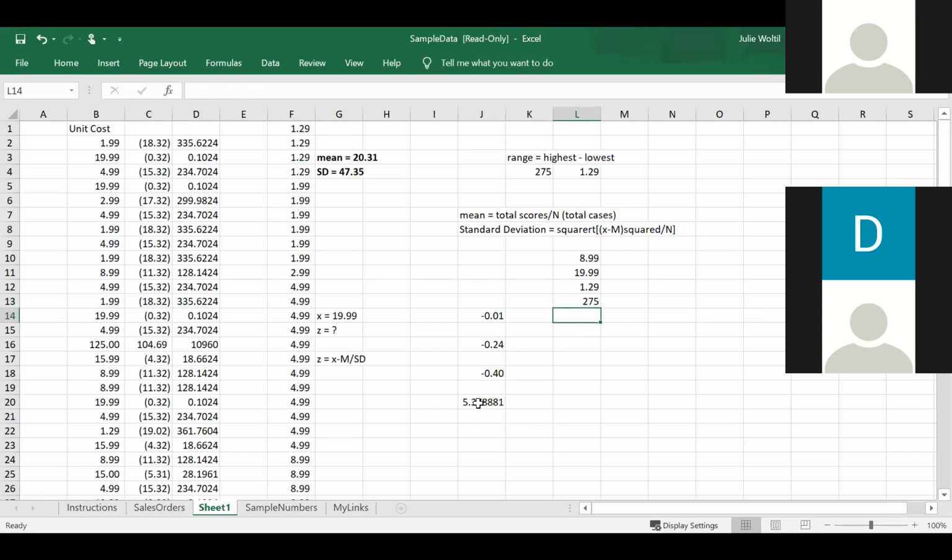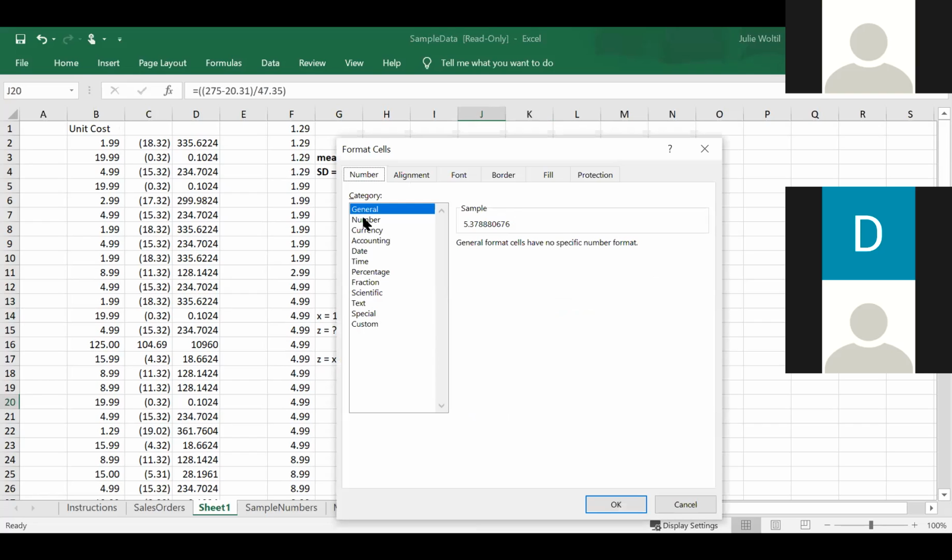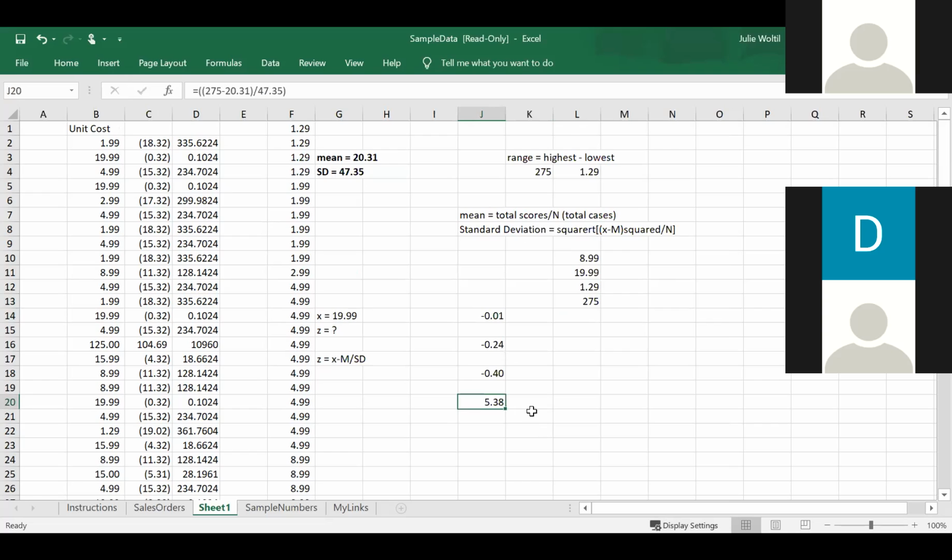So we see here my z-score is very high, 5.38. And again, that score falls at about the 0.99th percentile. It's so far off to the right because this is a sample that has so much variability. There's so much variance in it.